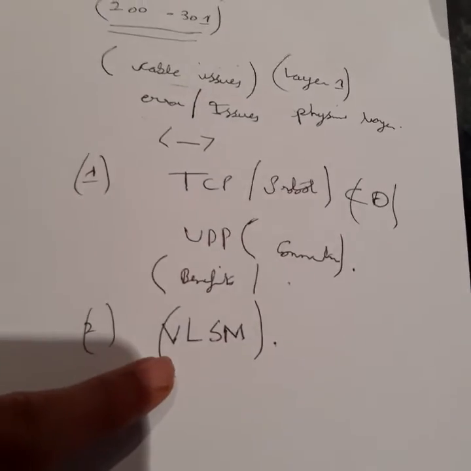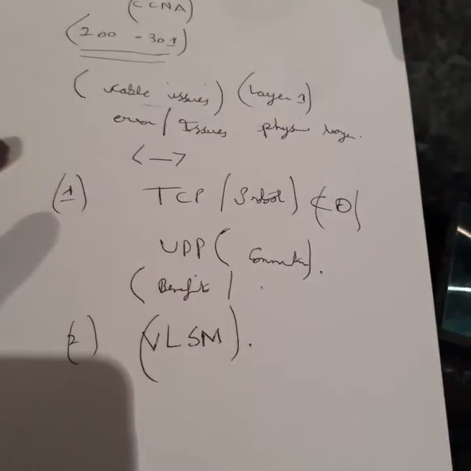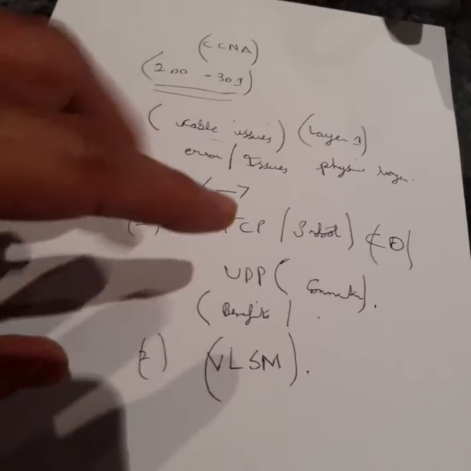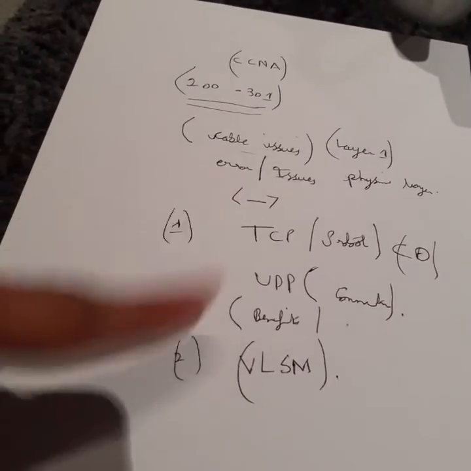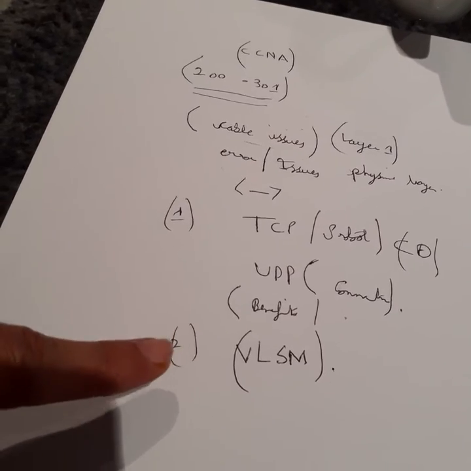So coming back to the topic, VLSM, variable length subnet masking. In this one, as we are doing IPv4 addressing, it's very important to know the difference between public IP addresses and private IP addresses. Very, very important.